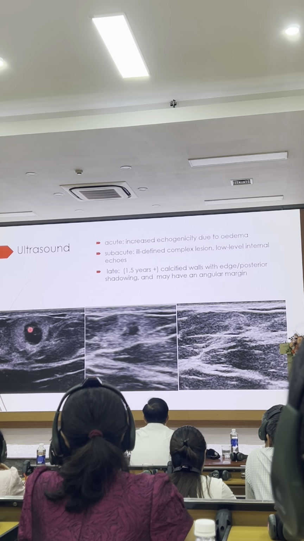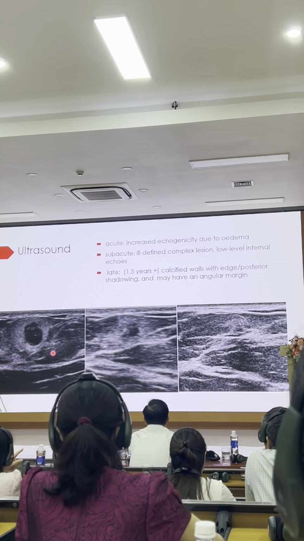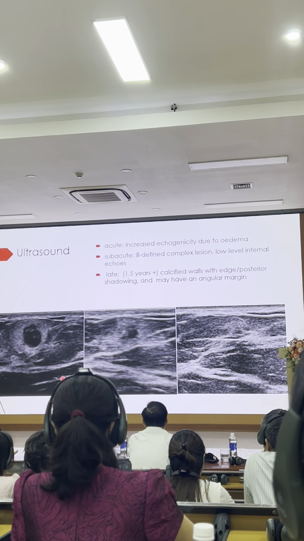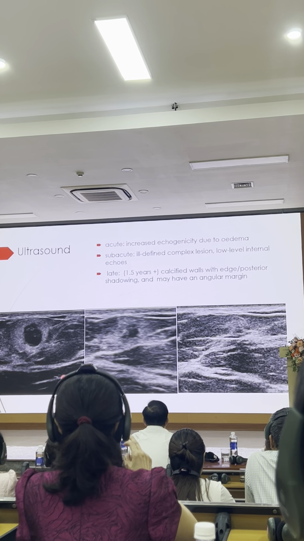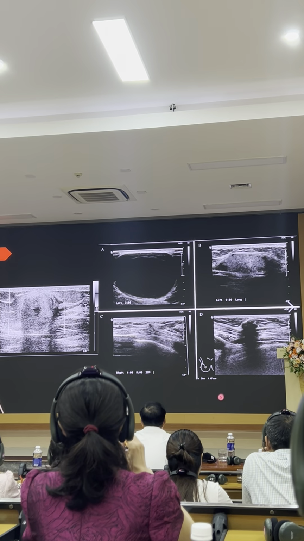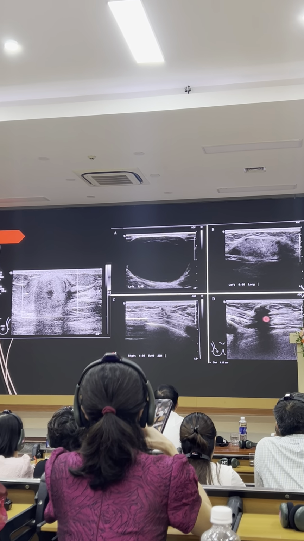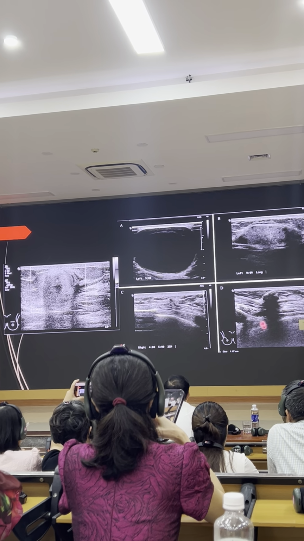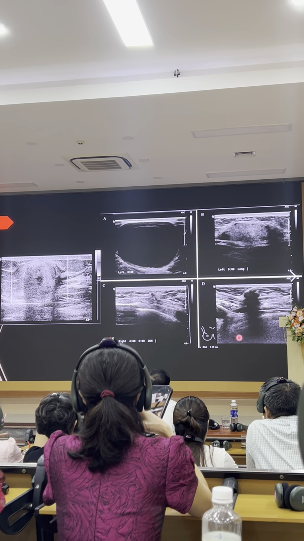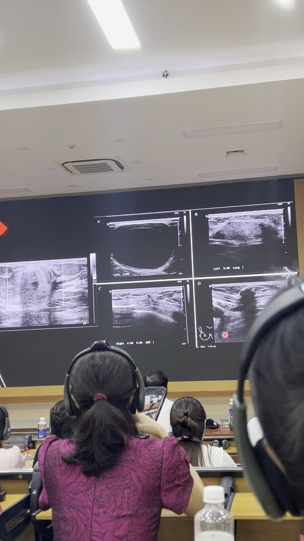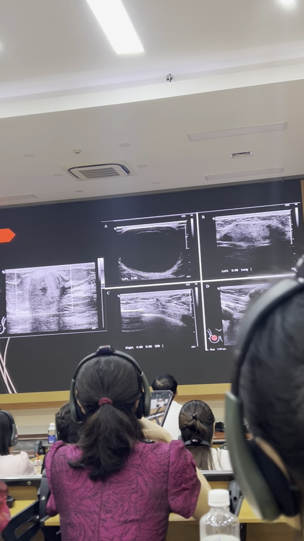This can mimic more of a malignant process, and quite often these get biopsied. In the late phase, 1.5 years later, you tend to find that it has an echogenic rim with shadowing, and this again has the benign appearance. So it's really that subacute phase that can be a little bit more concerning.